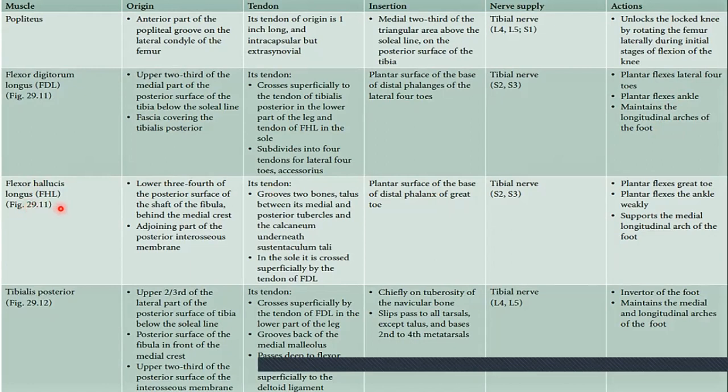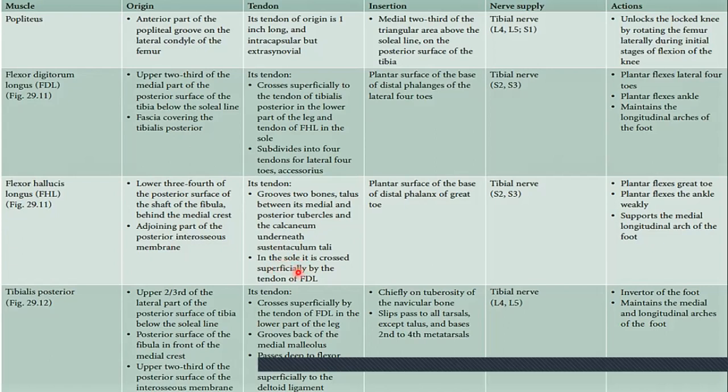Flexor hallucis longus originates from the lower 3/4 of the posterior surface of the shaft of fibula behind the medial crest, and from the adjoining part of the posterior interosseous membrane. Its tendon will groove 2 bones, the talus, between its medial and posterior tubercles, and the calcaneum underneath the sustentaculum tali.